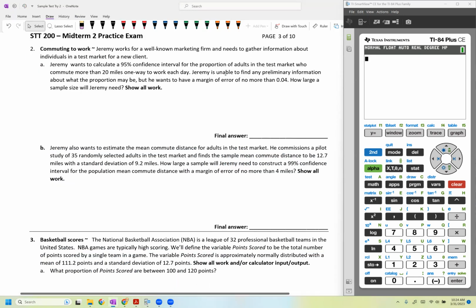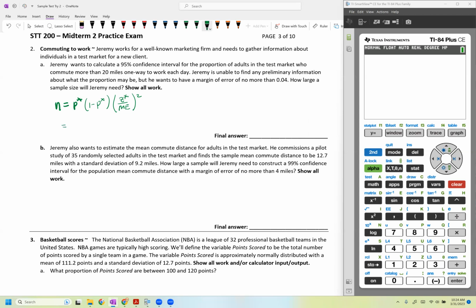So n equals p star times 1 minus p star times z star over margin of error, squared. Now, here's the situation for this p star value.